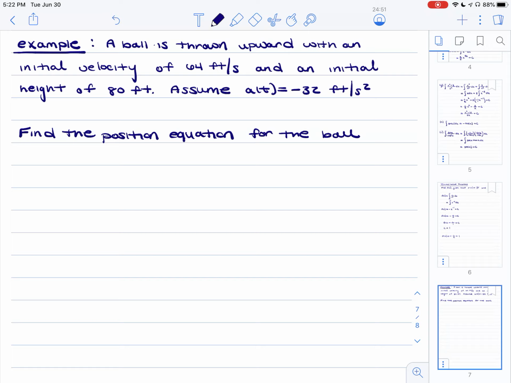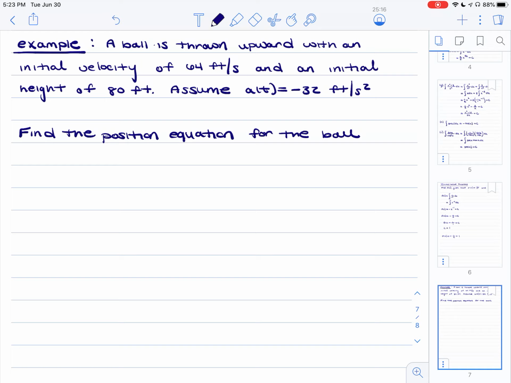And we're assuming here that our acceleration equation is negative 32. In order to find the position equation of the ball, which is what we're looking for, we're first going to want to find the velocity equation, and then we can find the position equation. So we're going to work our way backwards from acceleration.